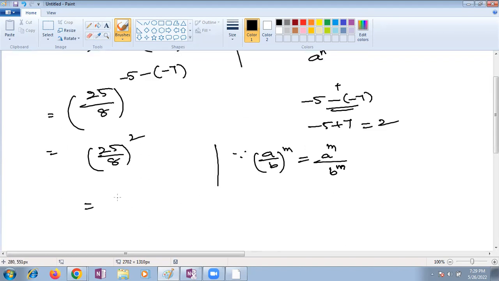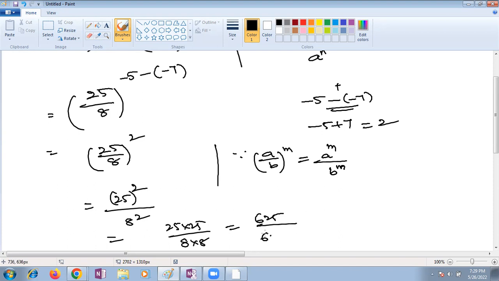So this is nothing but 25 square and 8 square. You can write it as 25 into 25, 8 into 8. 625 by 64. This is the value.